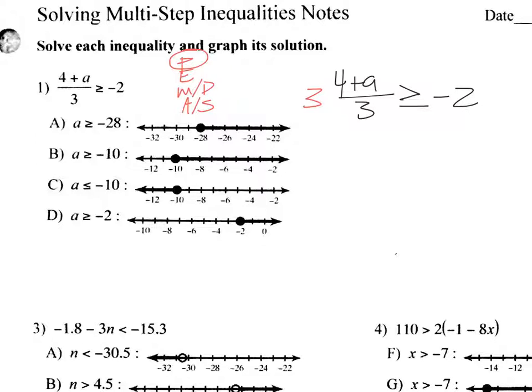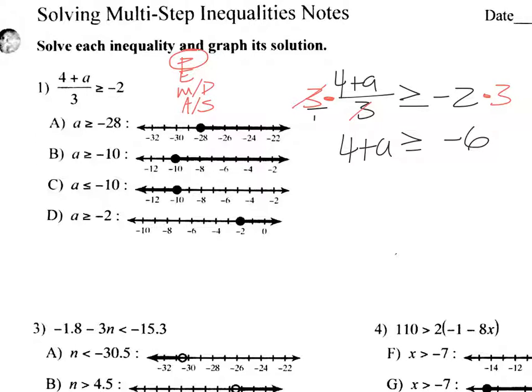Since that's division or a fraction bar, I multiply both sides by 3. And remember, you can think of that as really 3 over 1, and this is cross-reducing. So that's going to leave 4 plus A is greater than or equal to negative 6. Now, I do not flip my inequality symbol, because even though this is a negative, I multiplied by a positive. It's only when you multiply or divide by a negative.